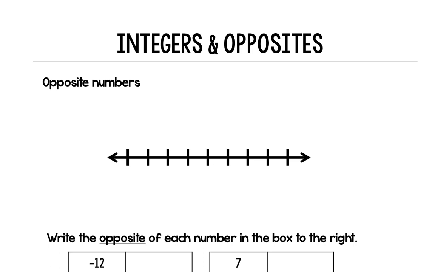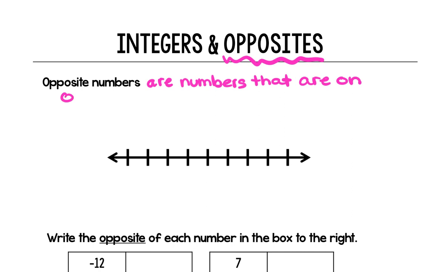The last thing that I want to point out with integers is that every integer has an opposite. So opposite numbers are numbers that are on opposite sides of the number line. So let's write that down as a definition so we have it. Opposite numbers are numbers that are on opposite sides of 0 on the number line.